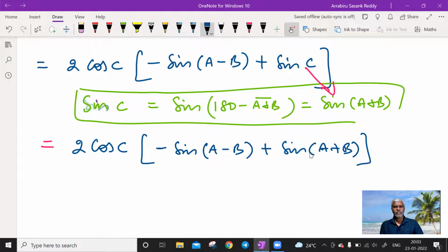So this is the difference, sin (A plus B) minus sin (A minus B).